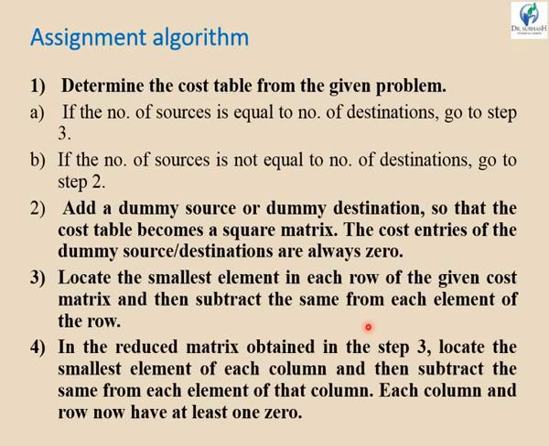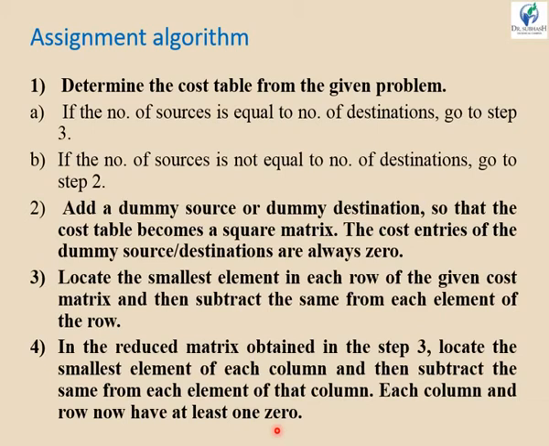Moving to the fourth step. In the reduced matrix obtained in the third step, which we obtained by subtracting the smallest element of each row from the elements of that row, locate the smallest element of each column and subtract the same from each element of that column. Each column and each row now have at least one 0. So the same thing applies for the column.